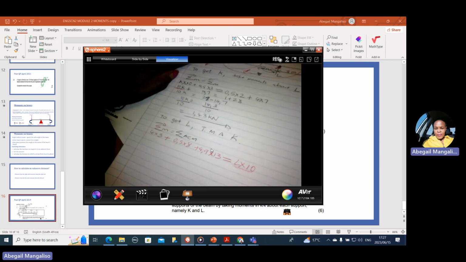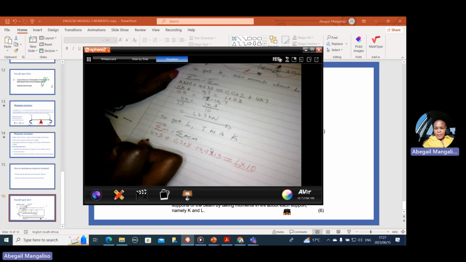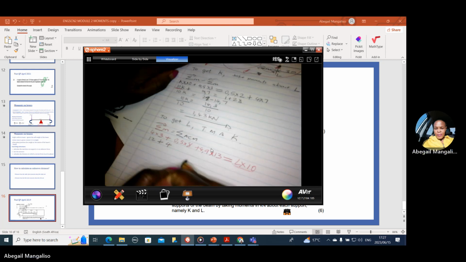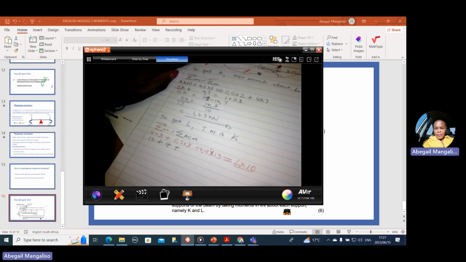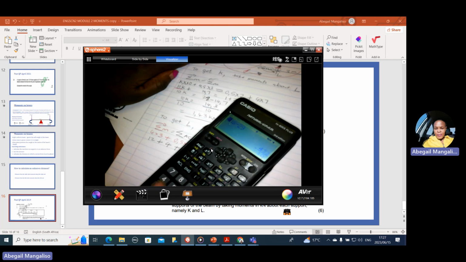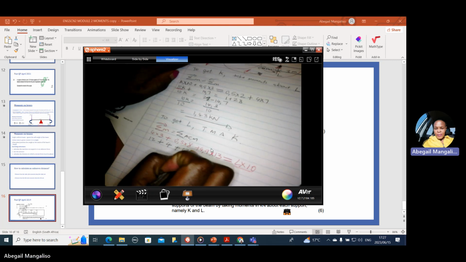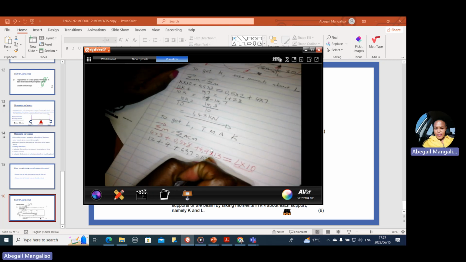Next step, use the calculator and make L the subject. So this is 12 plus 0,5 times 8 will be 4 plus 4,9 times 13. The answer will be 63,7 equal to 10L.